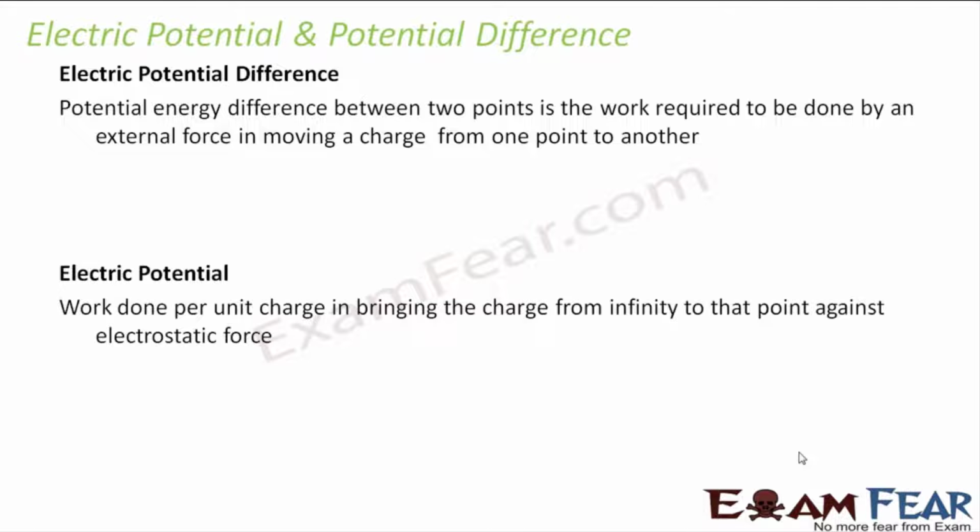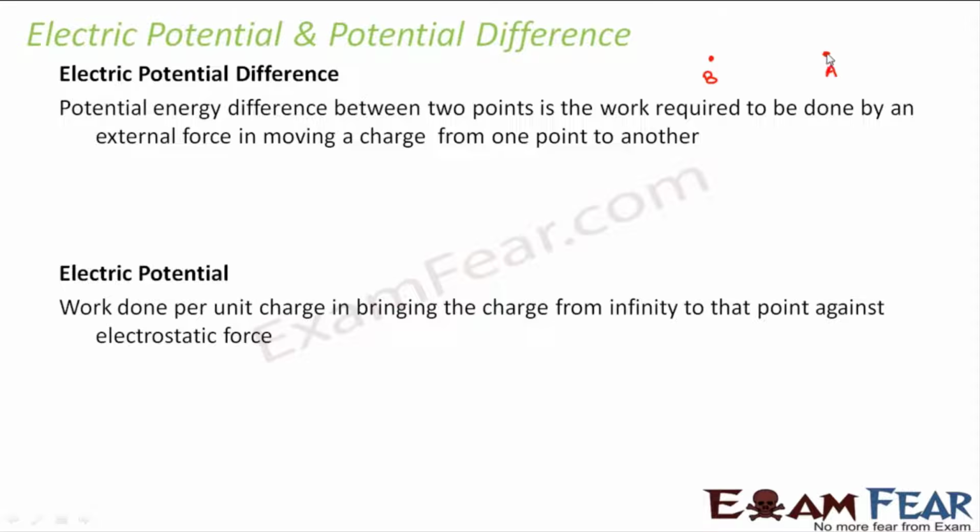Now, when I talk about electric potential difference, it is nothing but the work required to be done by an external force in moving a charge from one point to another. Let us suppose you have a charge particle of charge Q. If you want to take this charge particle from this point A to this point B, some work needs to be done.